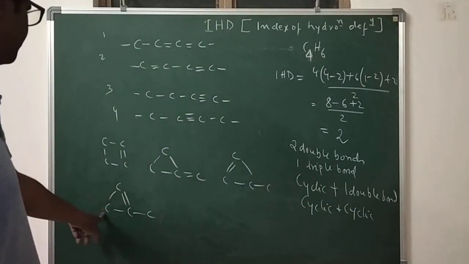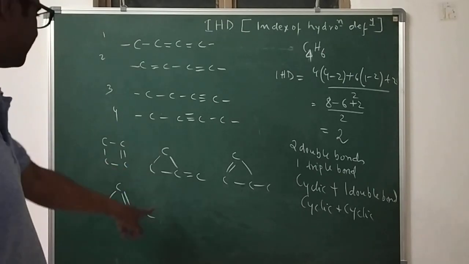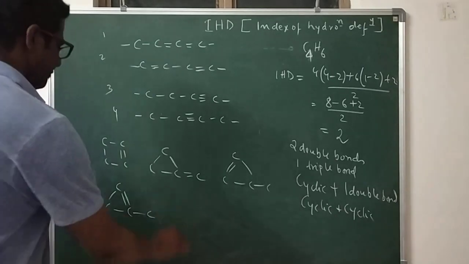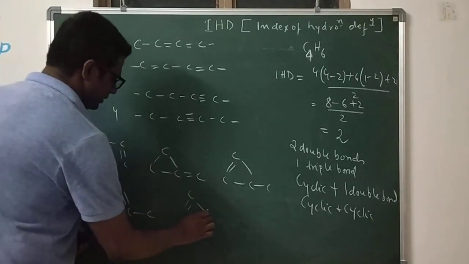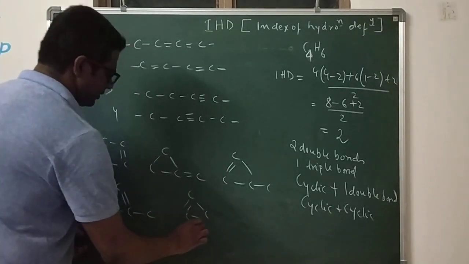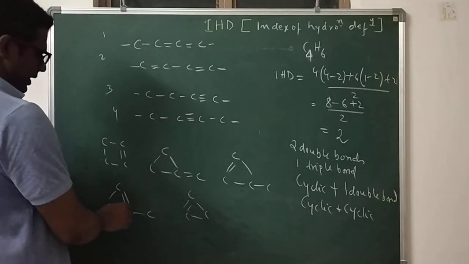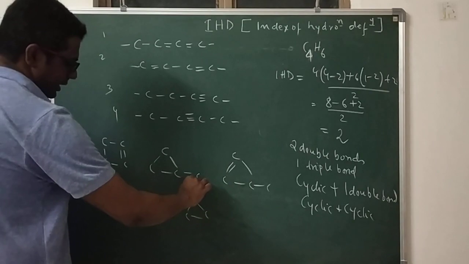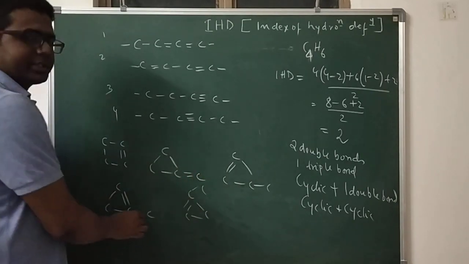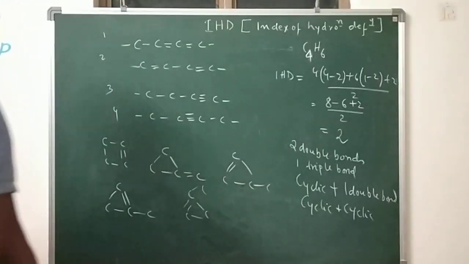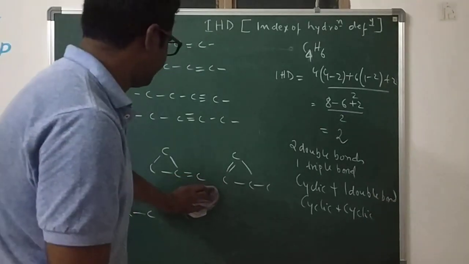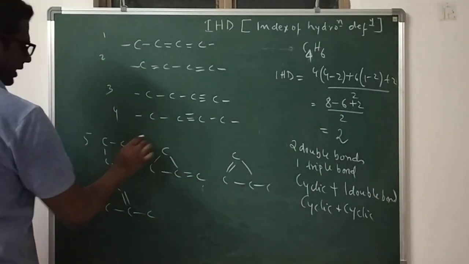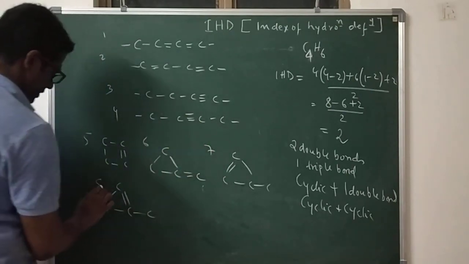If you put it here also, then this structure, and if you put like this, C double bond C, okay, so instead of this, if you put it here, then you are basically copying this structure, so there is no difference. So this will not be counted, only 4 structures, so 4, 5, 6, 7, 8.